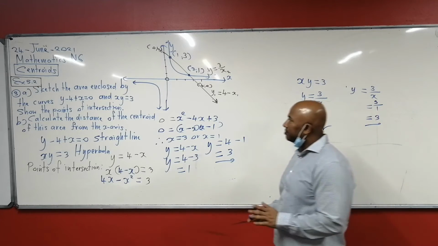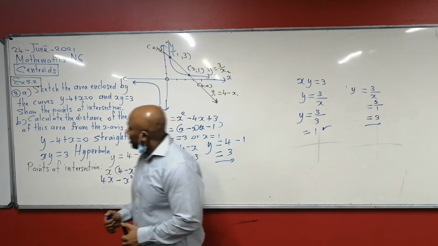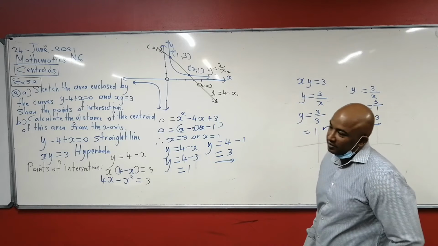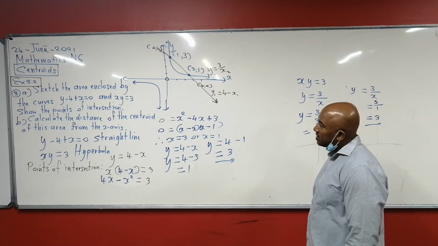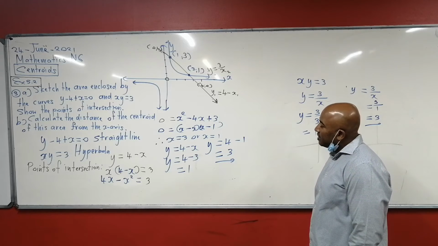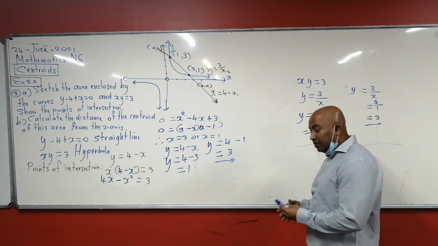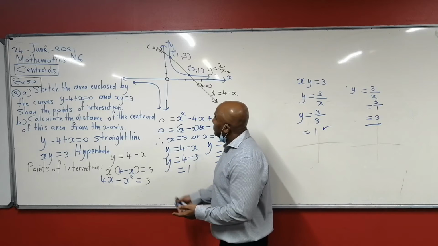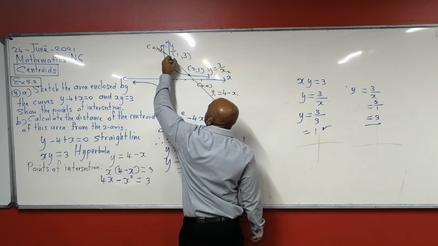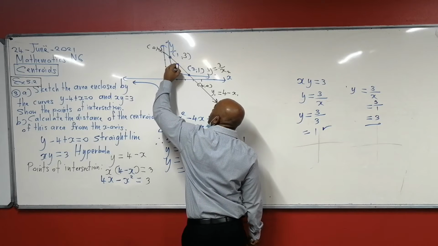Now, we need to draw our representative rectangle. We need to make a choice. We will deal with it both ways here. So it all depends on your choice. Let's go with delta x here, choosing this type of representative rectangle.